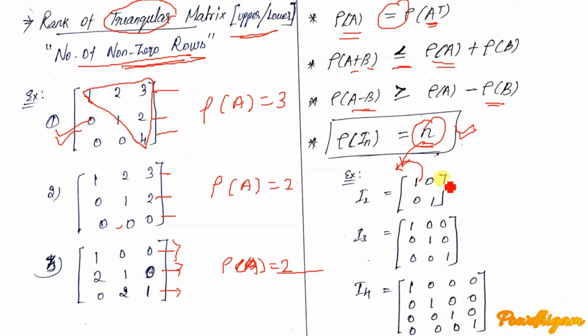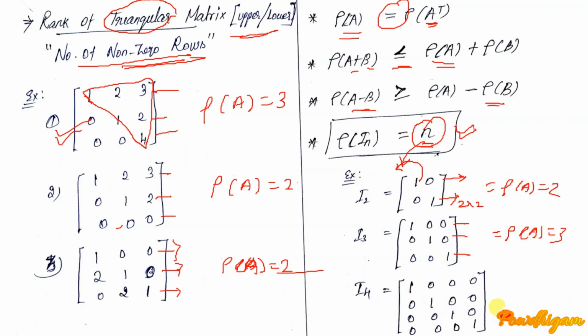Okay, similar to the diagonal matrix, here also the number of non-zero diagonal elements is nothing but the rank of the given matrix. If it is a 2 cross 2 matrix, here 2 elements are non-zero, so that means the rank of this matrix is equal to 2. Here also, this is the first row, second row, third row. In all 3 rows we have non-zero diagonal elements, so the rank of this matrix is 3.